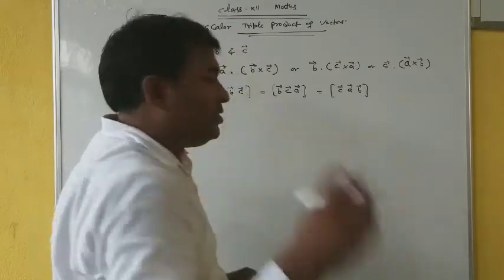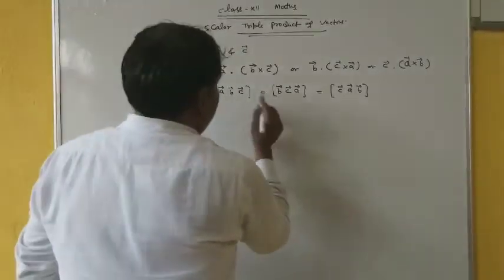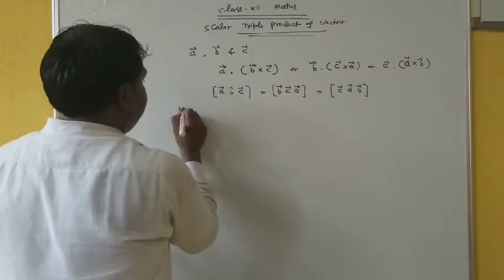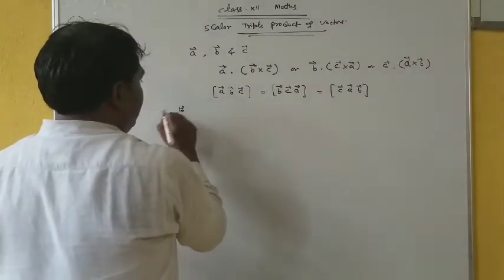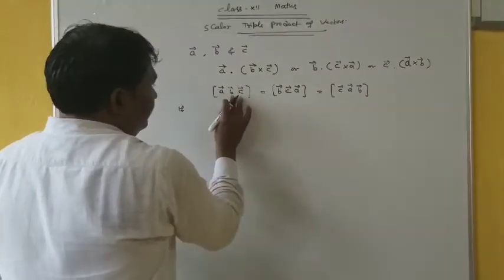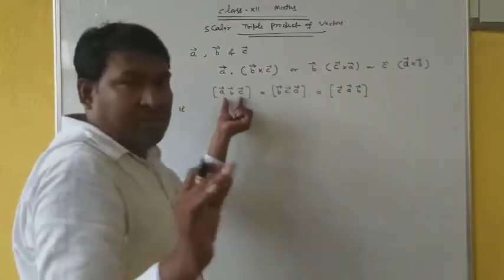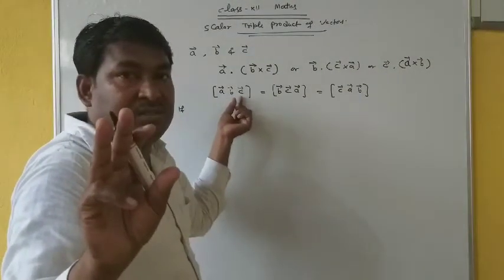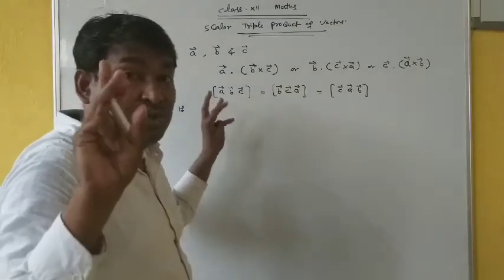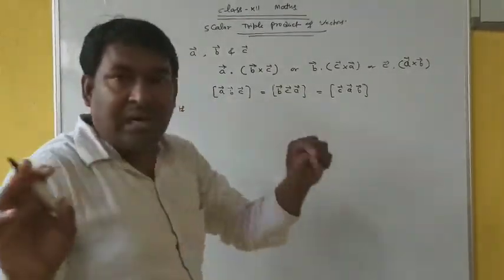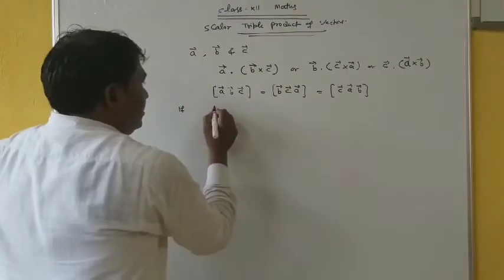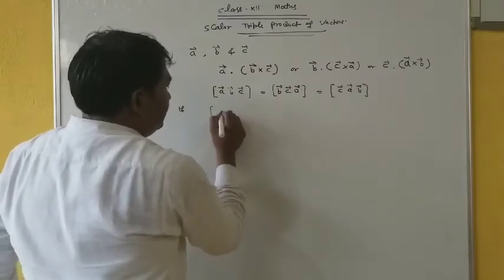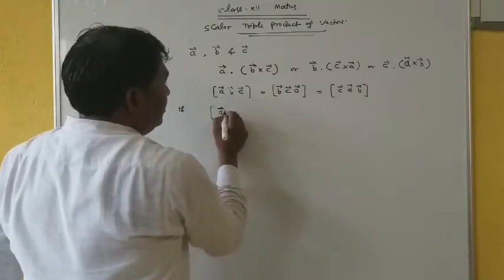Okay. Right now, one most important property: if any two of these three vectors are the same, any two out of these three are the same, then its value will come 0.